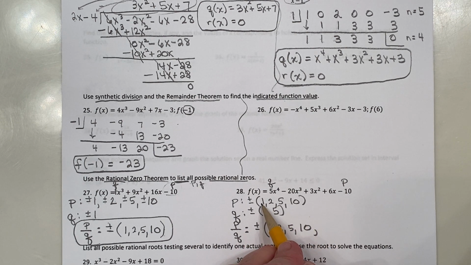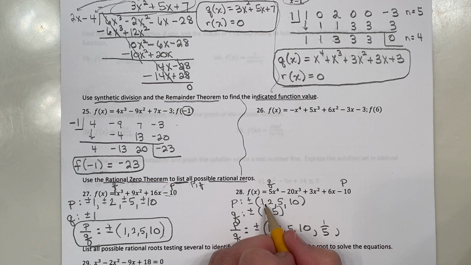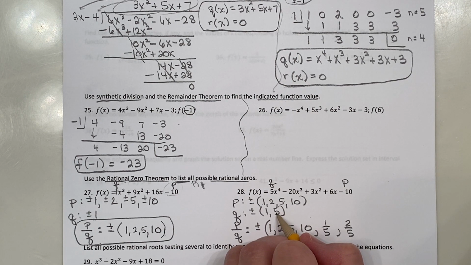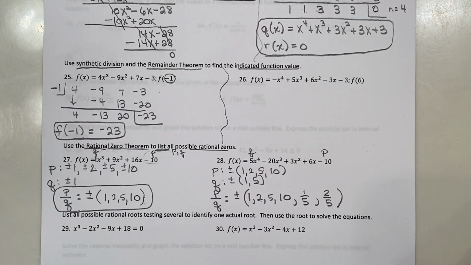Now we have to take all 4 of the P factors and put them over Q, the 5 value. So 1 over 5 gives 1/5. 2 over 5 gives 2/5. That wasn't already in our list, so we recorded it again. 5 over 5 gives 1. We already have it. And 10 over 5 gives 2. We don't need to duplicate that. So then we get, this is our entire P over Q list.